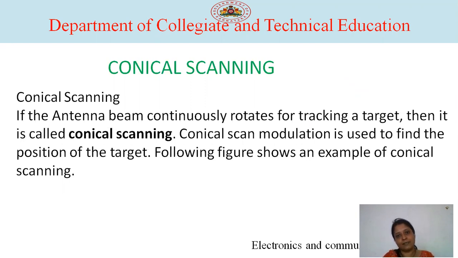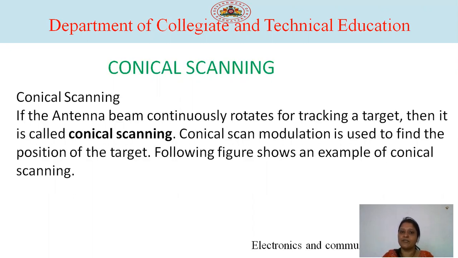But here in conical scanning, instead of switching between two positions, the antenna is slightly taken out of the center axis, and continuously rotated. Continuously the beams are radiated and the echo signals are received. Again the strengths are analyzed, and depending on those echo signals, the target can be continuously tracked. That is the main difference.